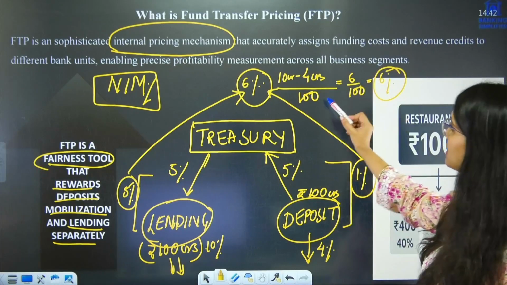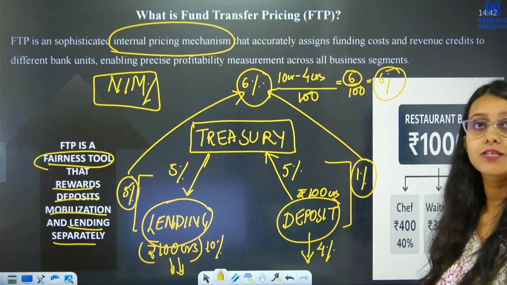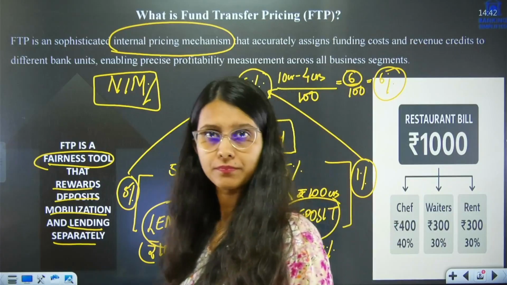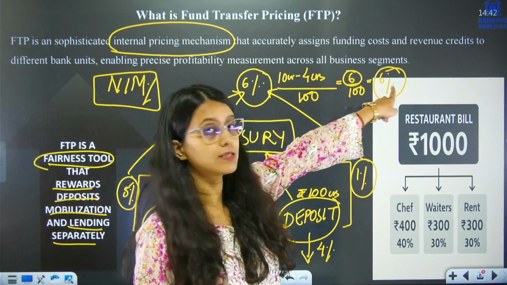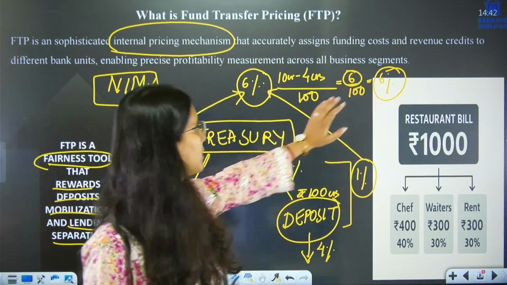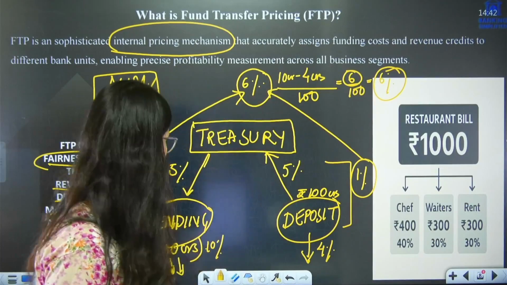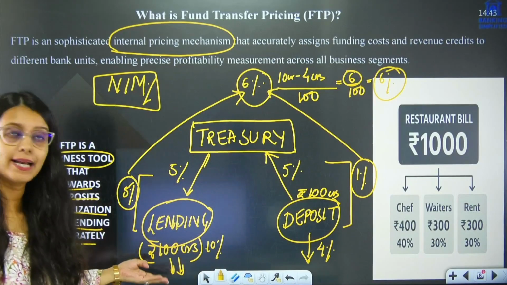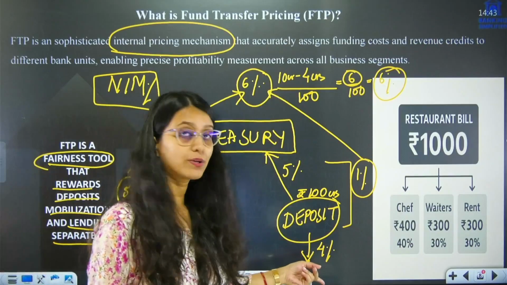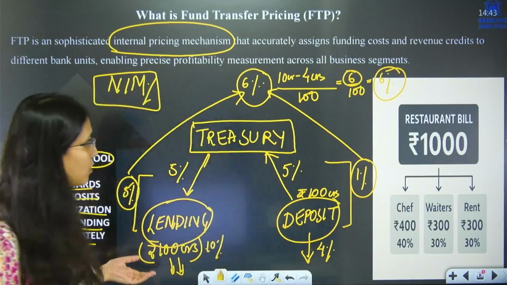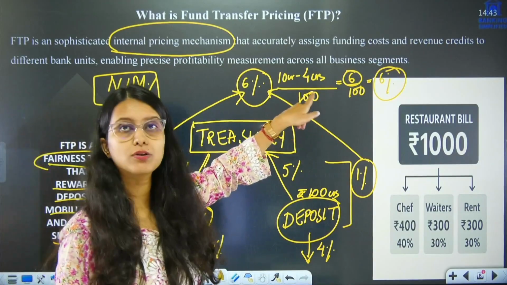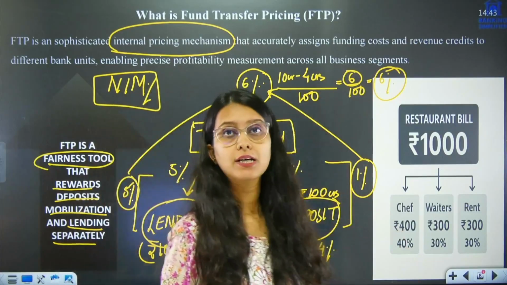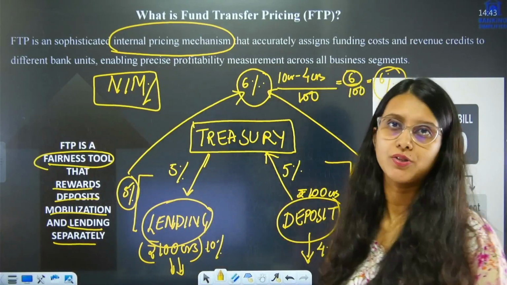And what is 6 crores? This is your net interest income. This is the income, this is the percentage. 10 crores is what you had gotten by lending out. 4 crores you had to give out to your depositors. 10 crores you got from your borrowers. Total you have 100 crores of your assets and you get a 6% interest.